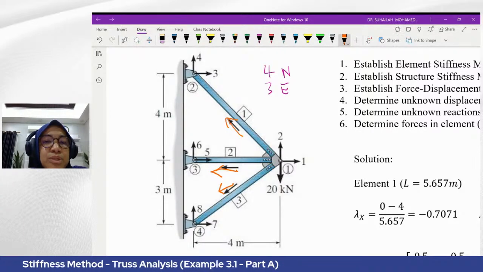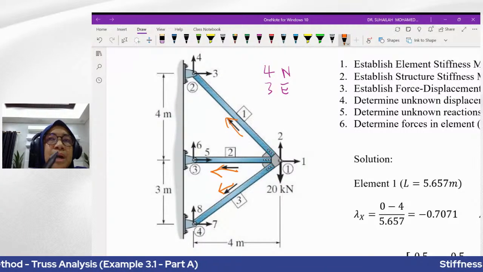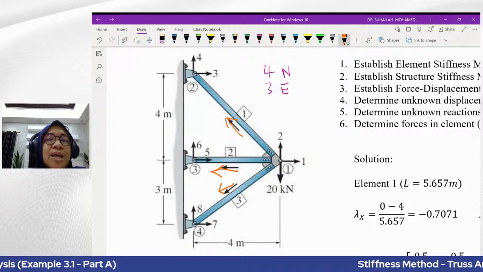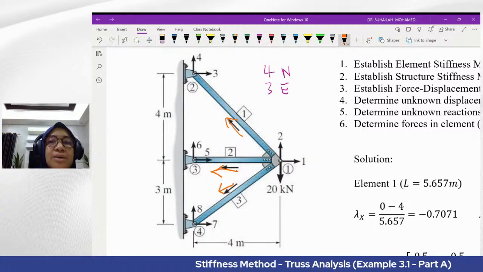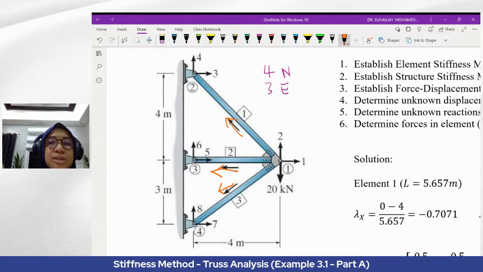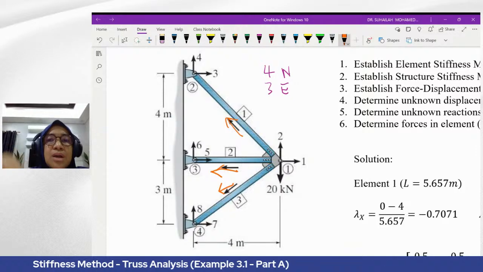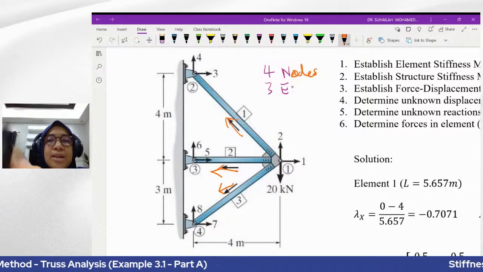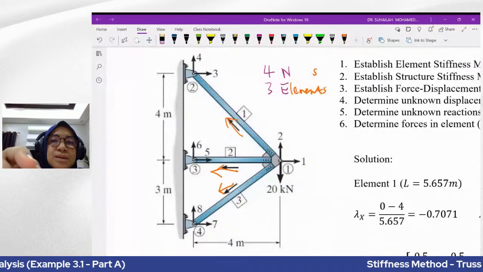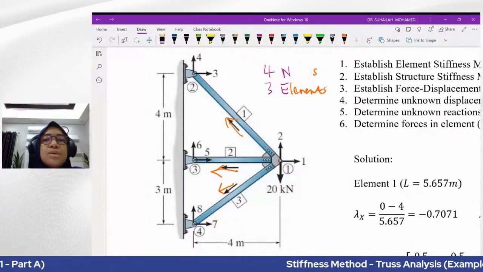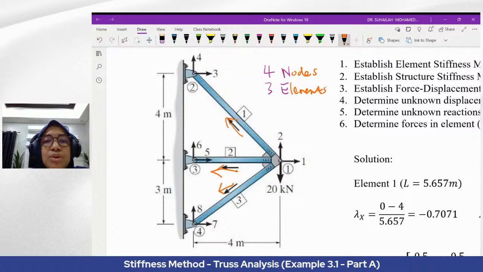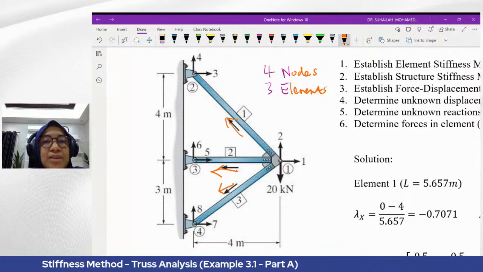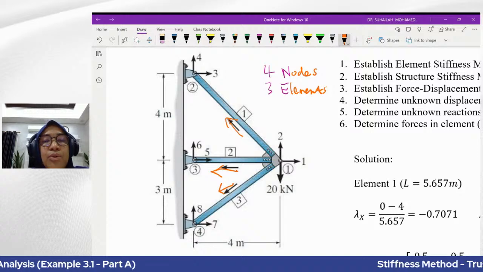So why is the arrow important? Because by using the arrow, we can identify near and far end conditions, near end node and far end node.